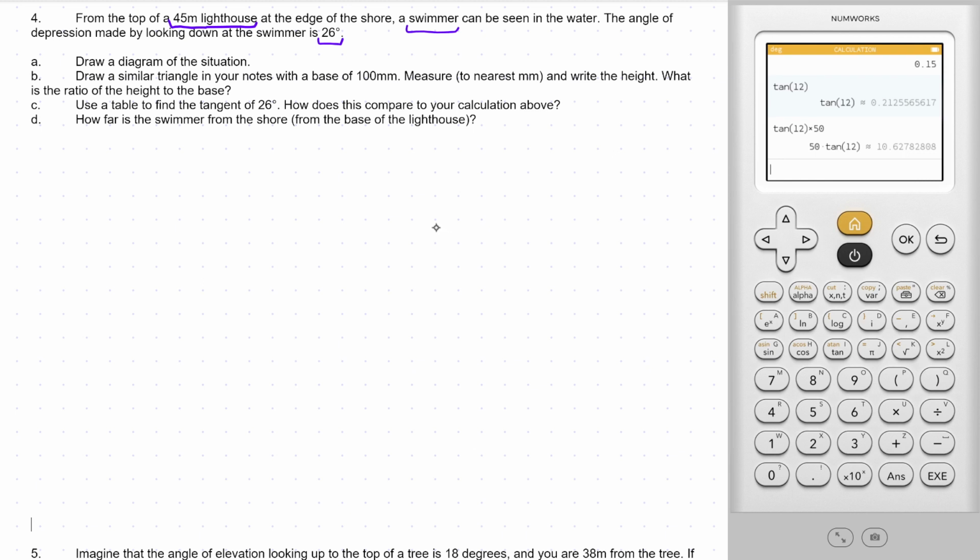So let's go ahead and draw in the lighthouse. Okay, and then we have our swimmer over there. And there is my beautiful, beautiful lighthouse.